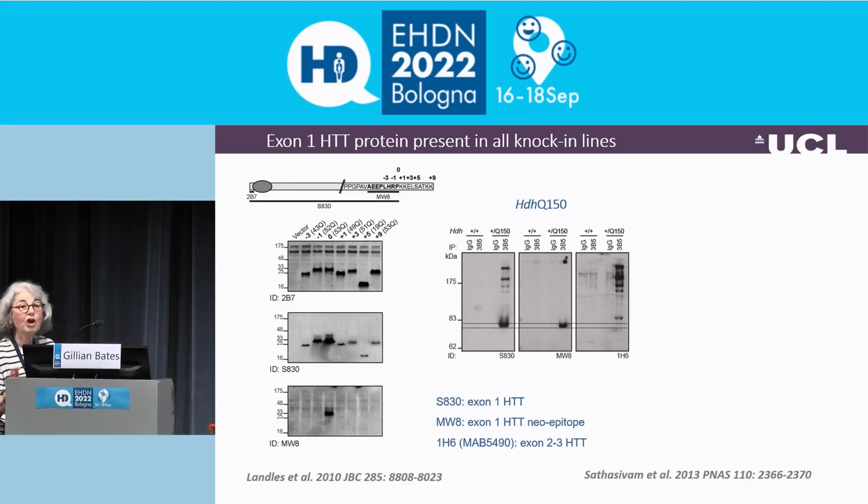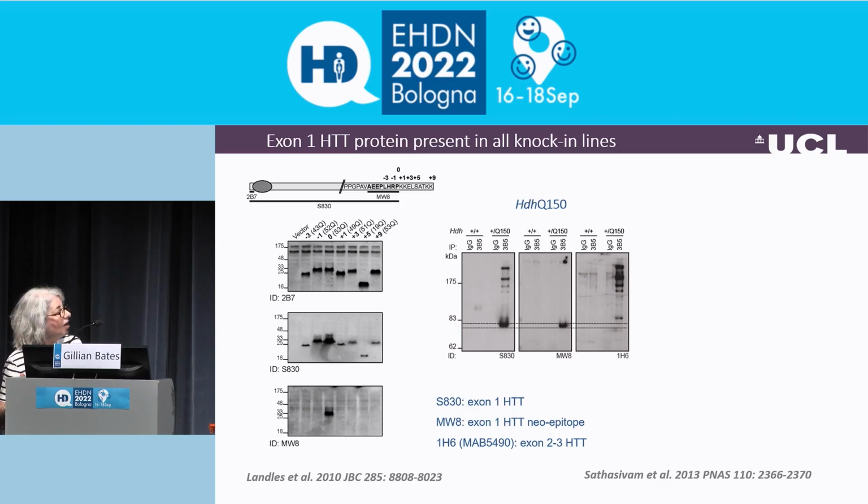So now we can show that that HTT1a message is turned into the exon 1 protein in knock-in mice. So here, this is the knock-in mice again. We're immunoprecipitating, pulling down the protein with an antibody that just detects the mutant. So there's no signal in wild-type mice. This is the control lane.